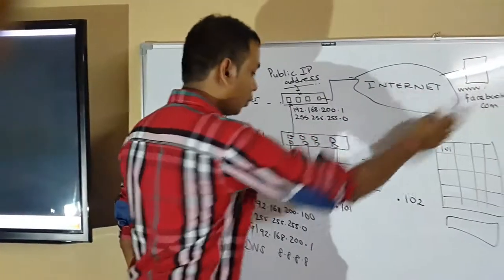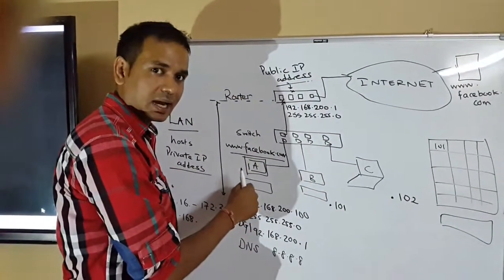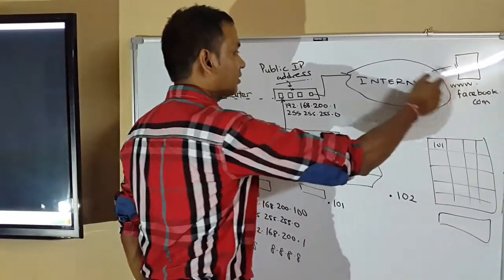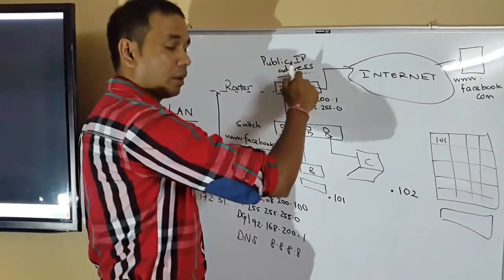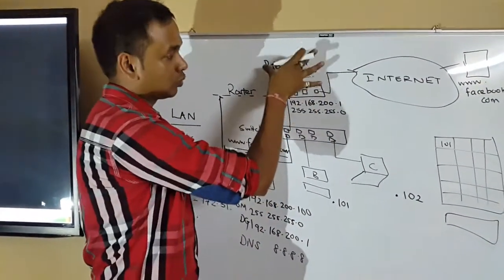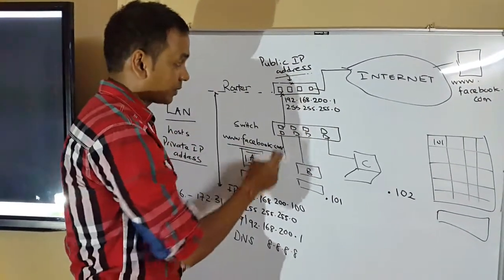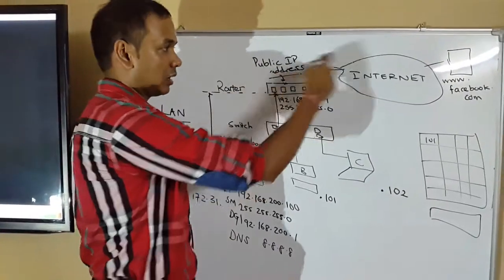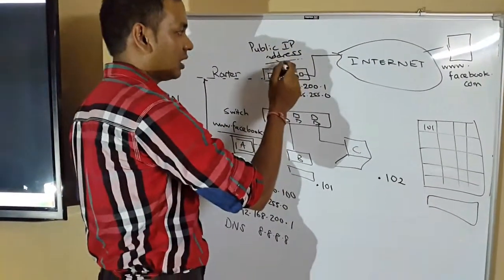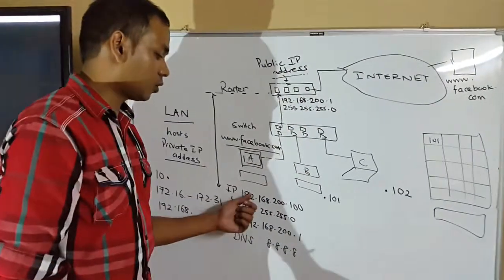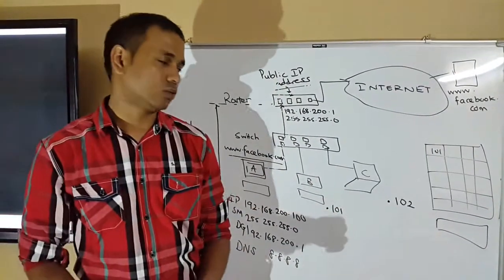For example, Facebook won't know what is inside this network. It will route that information to the public IP address, and through a process called NATing, it will route the information to the correct private IP address.